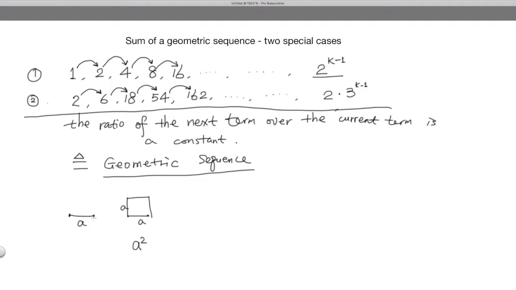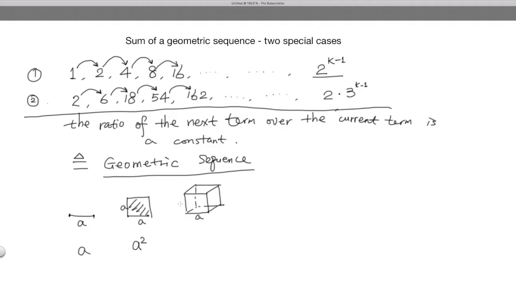The length here is A. If I use the segment A and draw a square, the area is A squared. Now, what if I draw a cube using length A?